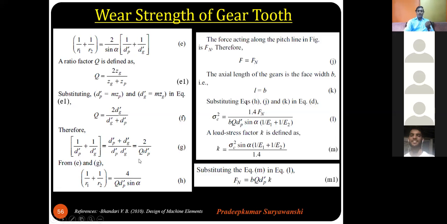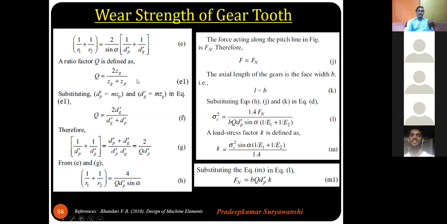So 2 upon Q into dp prime, where Q is the ratio factor as defined like this. Now as far as Q is concerned, if you divide the numerator and denominator by ZP, that is the number of teeth on the pinion, we consider this as 2 into ZG upon ZP, which is i, that is the gear ratio in that stage. Again we have ZG upon ZP here, that is i, plus ZP upon ZP is 1.